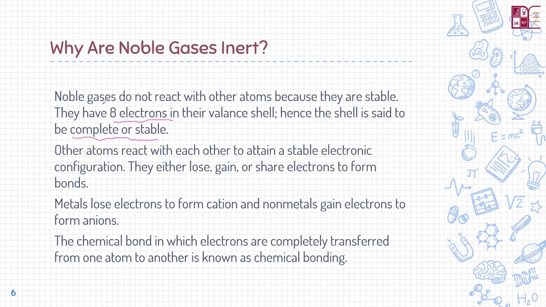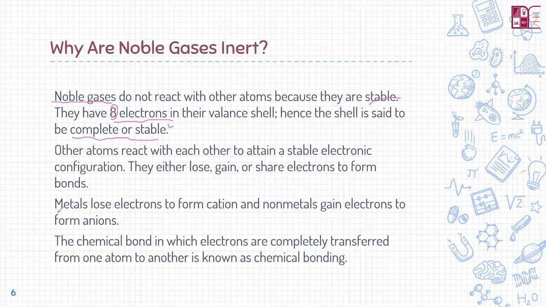So to get these 8 electrons, they become complete, and then they will not react with other atoms because they are now stable, right? This is why we call the group 8 elements the noble gases, because they are stable and they have 8 electrons in their outer valence shell. So other atoms react with each other, and that is the reason they form bonds. They share or lose or gain electrons.